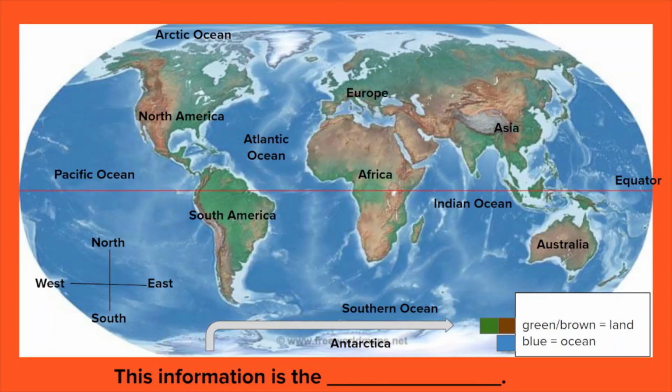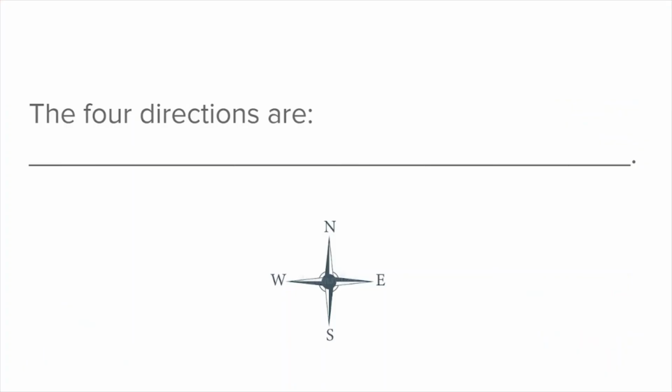This information is la información en esta caja es the legend or key. The 4 directions are north, south, east, west.